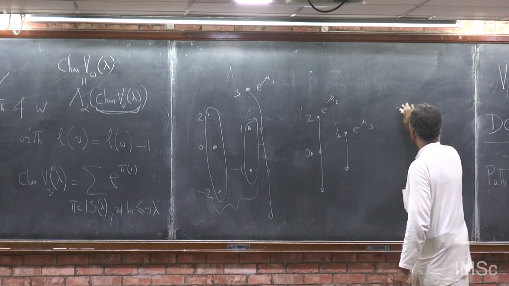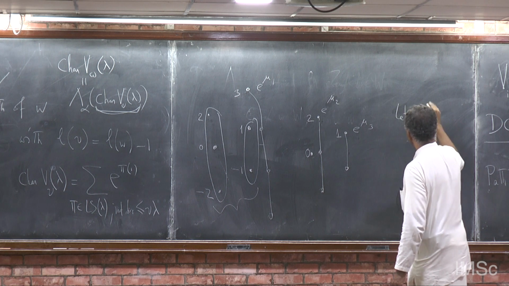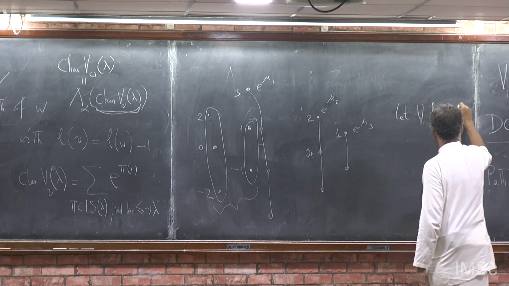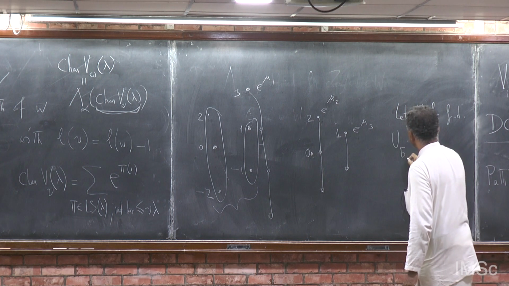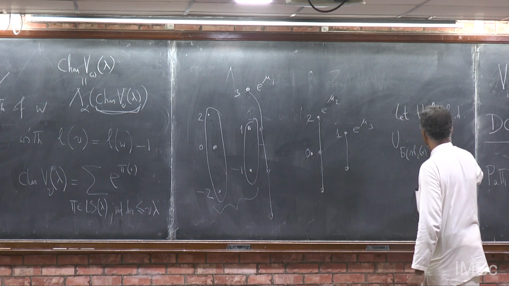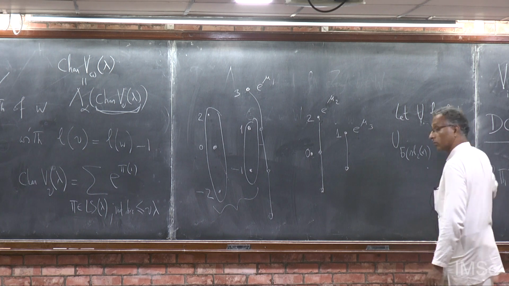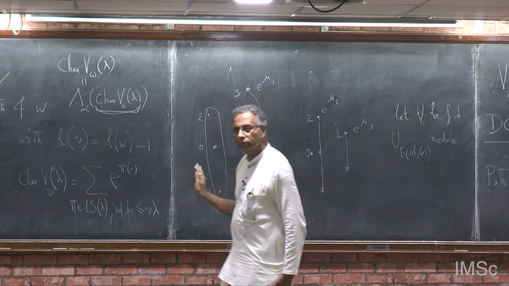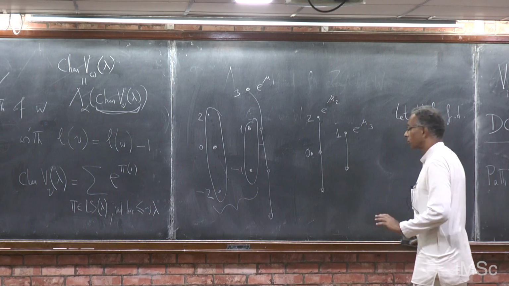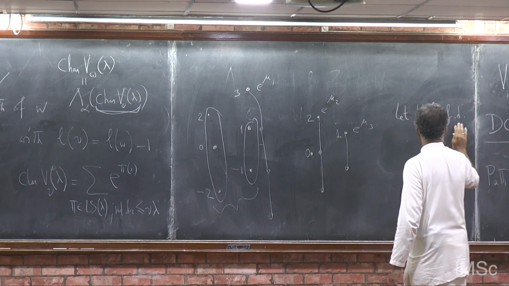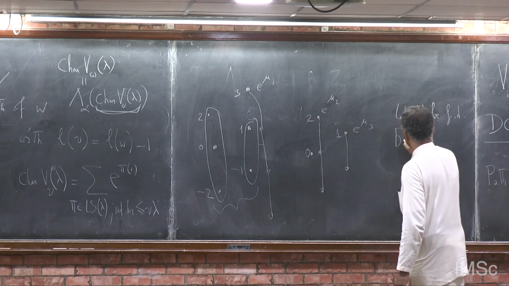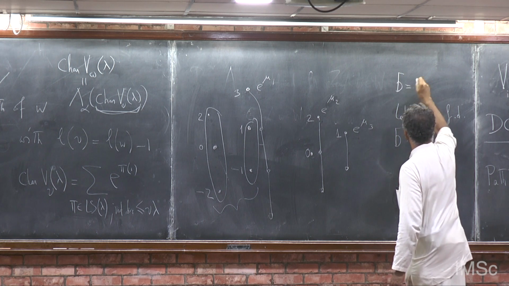So let U be a finite dimensional B module, where B is the Borel of SL2 alpha.